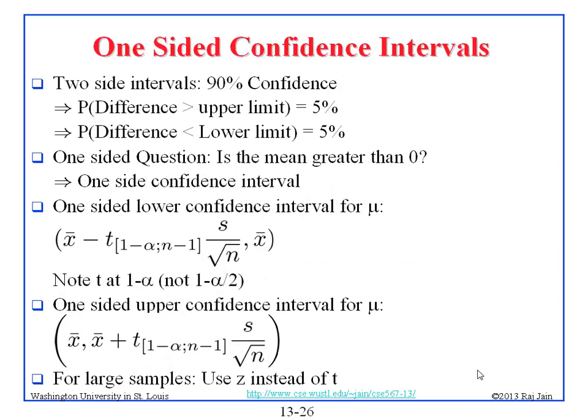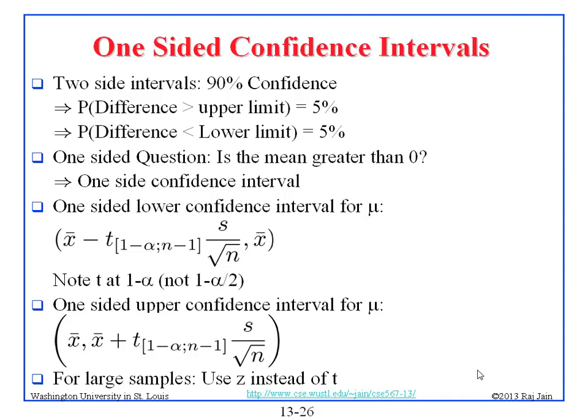All right. Now we go to the one-sided. In some cases, you don't want to take a 5% chance on this side and 5% error on the other side. In some cases, the error on the other side doesn't matter, and the error on one side is the only thing you care about. In that case, you have confidence intervals which are called one-sided confidence intervals.